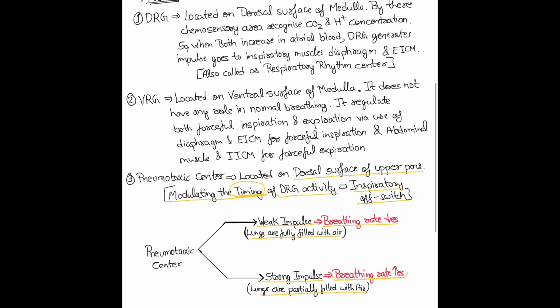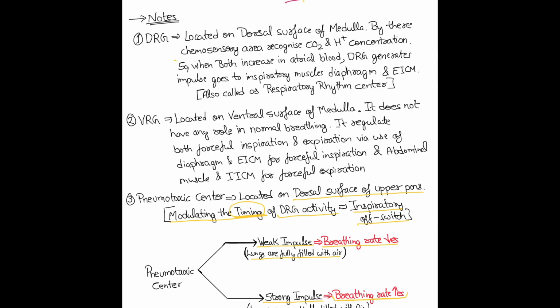Whatever respiratory center is only activated by the chemosensory area, CO2 and H plus concentration. Because CO2 is converted in the brain into bicarbonate, the H plus concentration automatically increases because of increased CO2.